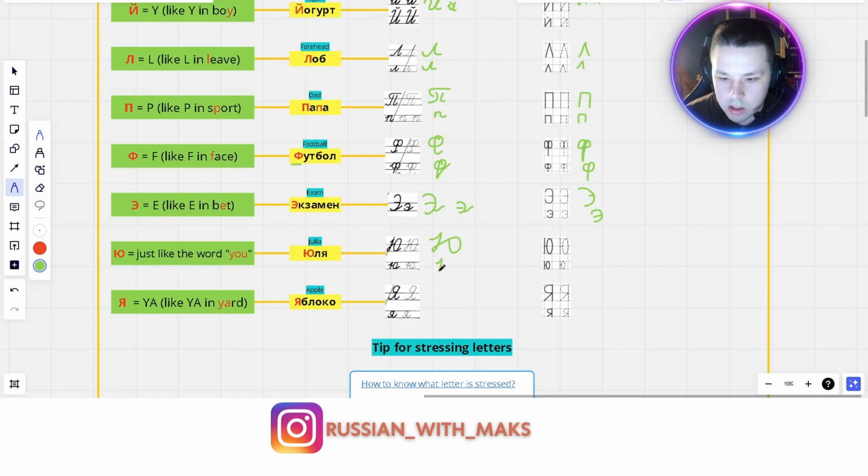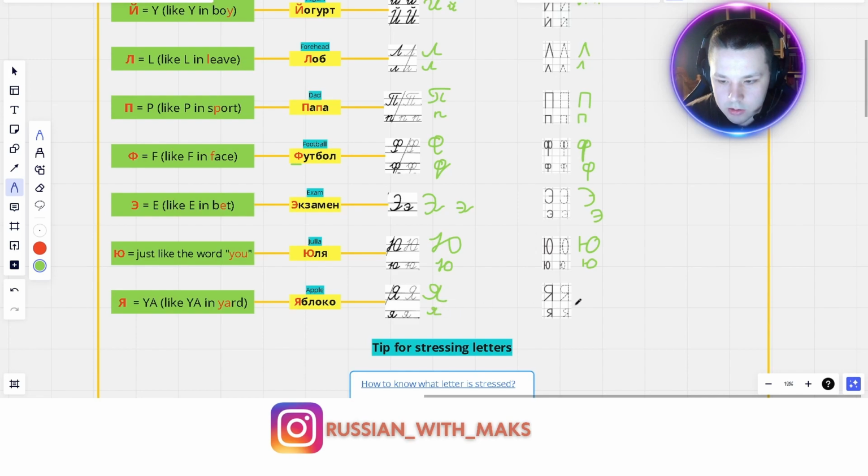And the lowercase is also the same. Now the print is, of course, very understandable. And the last letter is letter Я, яблоко, яблоко.